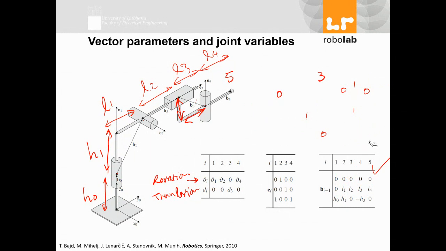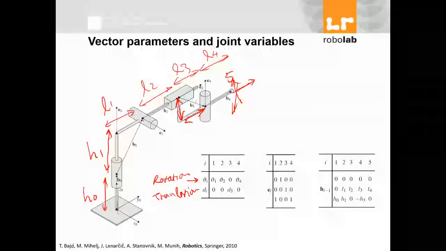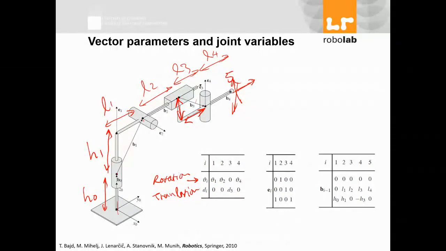Based on my structure, based on my robot's physical and geometrical representation, I have this relationship between base and my end effector coordinate system. This is not a homogeneous matrix. These are just 3 tables which you can easily build up for any robot.